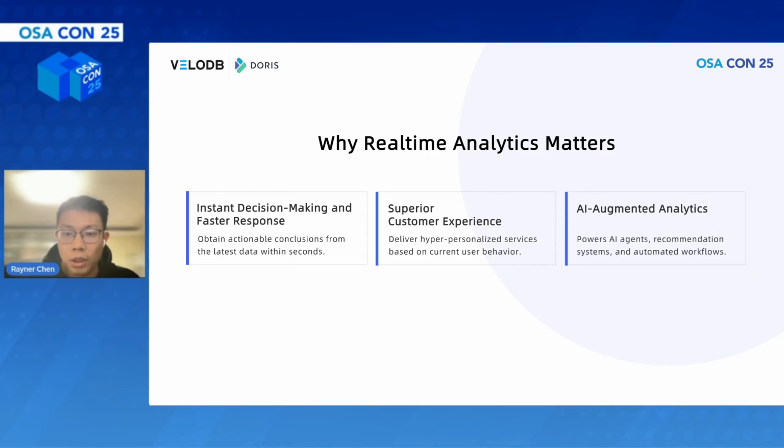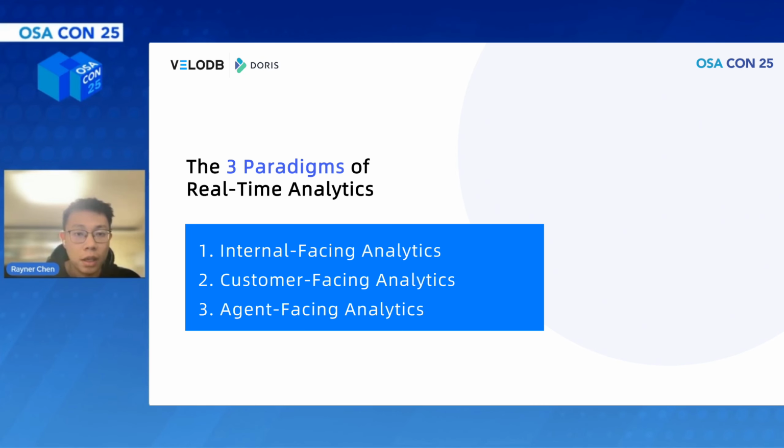This powers our modern AI agents, recommendation engines, and all those automated workloads. The AI needs fast data. The third is instant decision making and faster response. You need actionable conclusions from the latest data in seconds, not minutes or hours. We categorize these needs into three paradigms: internal-facing analytics, customer-facing analytics, and agent-facing analytics.